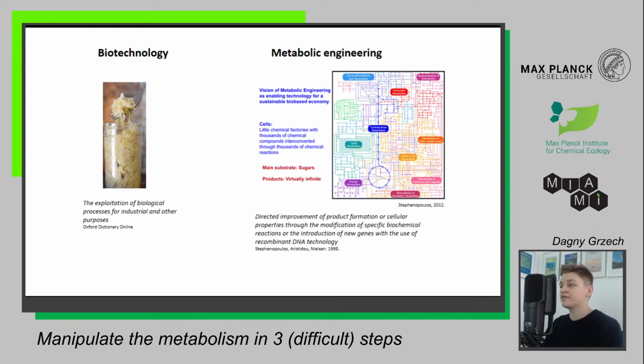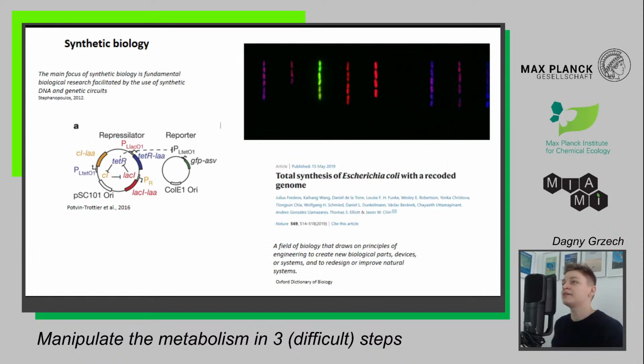And the use of recombinant DNA technology is very, very important in this context. It enabled a lot of different investigations into metabolism. And I think this is the area of research that is mostly used to manipulate the metabolism, as the name suggests.